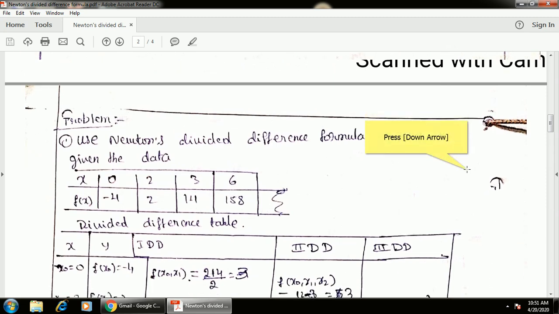Look at this problem. Use Newton's divided difference formula to find f of 4 given the data.